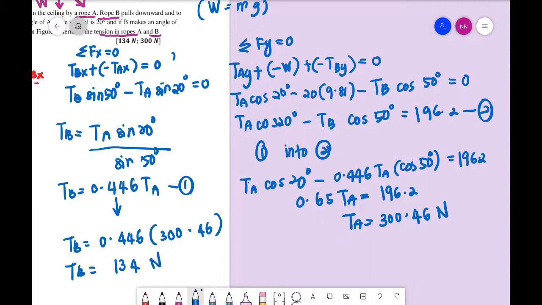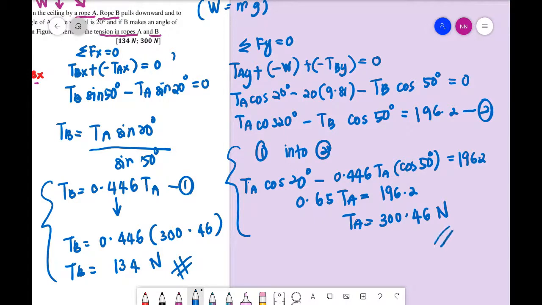You can do whatever follows the mathematics rules. Maybe you can substitute, or maybe you can divide. Anything that follows the rules of mathematics, as long as you can get the answers TA and TB.